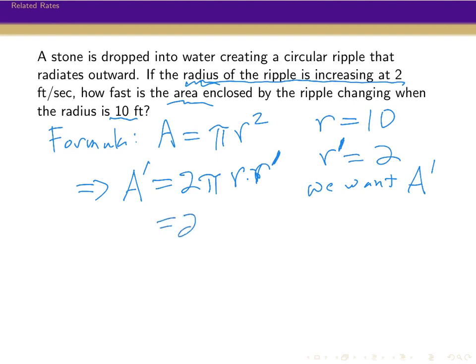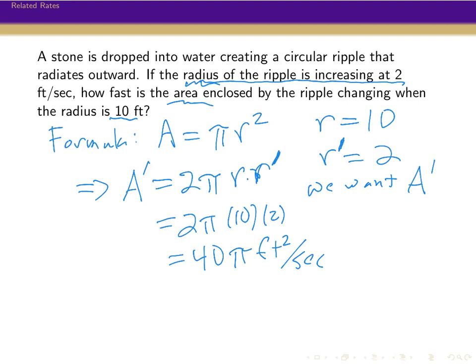And so with r equal to 10 and r prime equal to 2, this gives us 40 pi, and this is in feet squared per second.